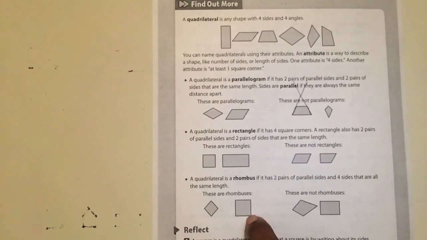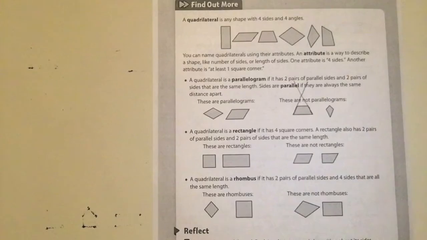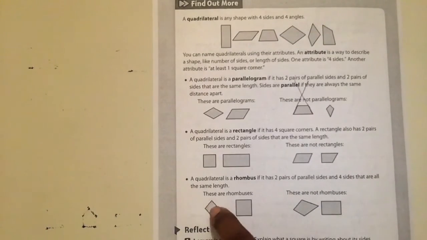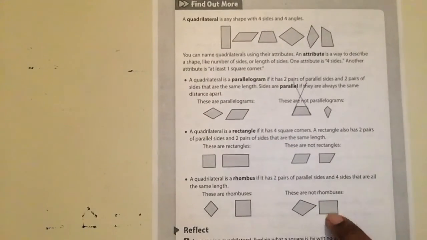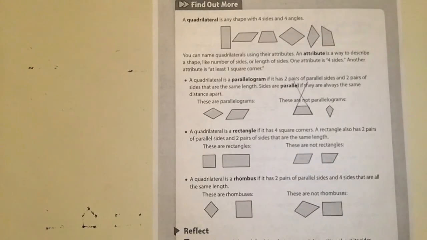A square is a rhombus because it has four sides that are the same length, and two pairs of opposite sides are parallel. Because to be a rhombus, you don't have to have square corners. So that's why this shape is a rhombus. These are not rhombuses. The reason that a rectangle isn't a rhombus is because the sides are not all the same length.